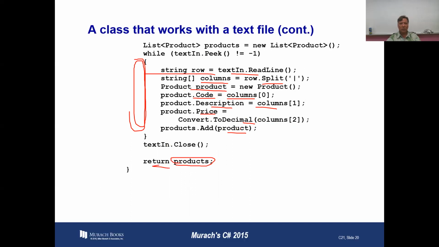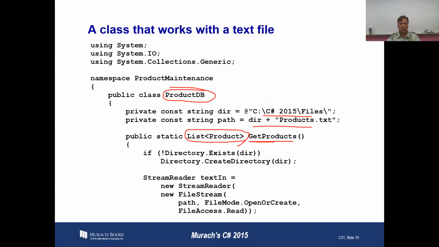This return is connected with this. So if you call productdb.getProducts, and it's a static method, so you don't need to actually create an instance of this ProductDB class.